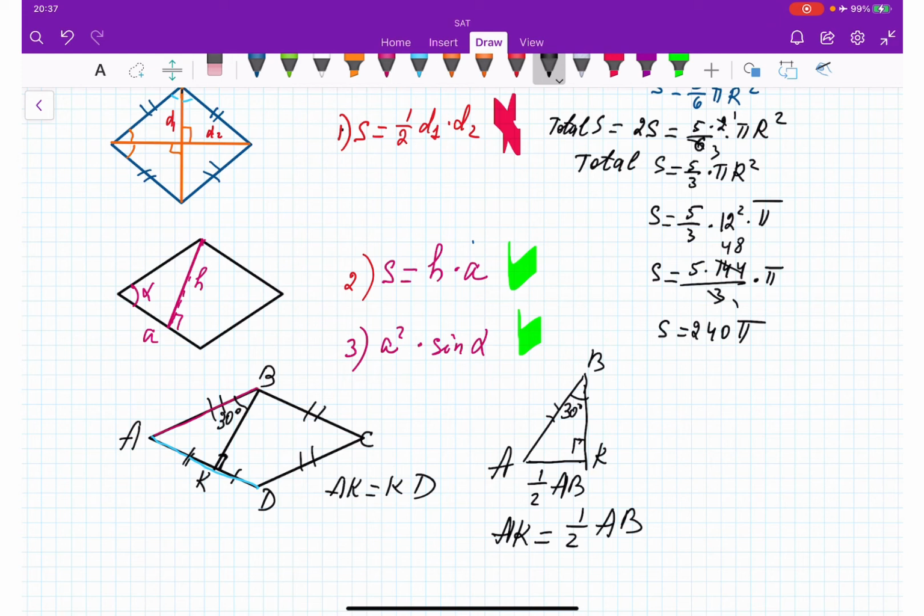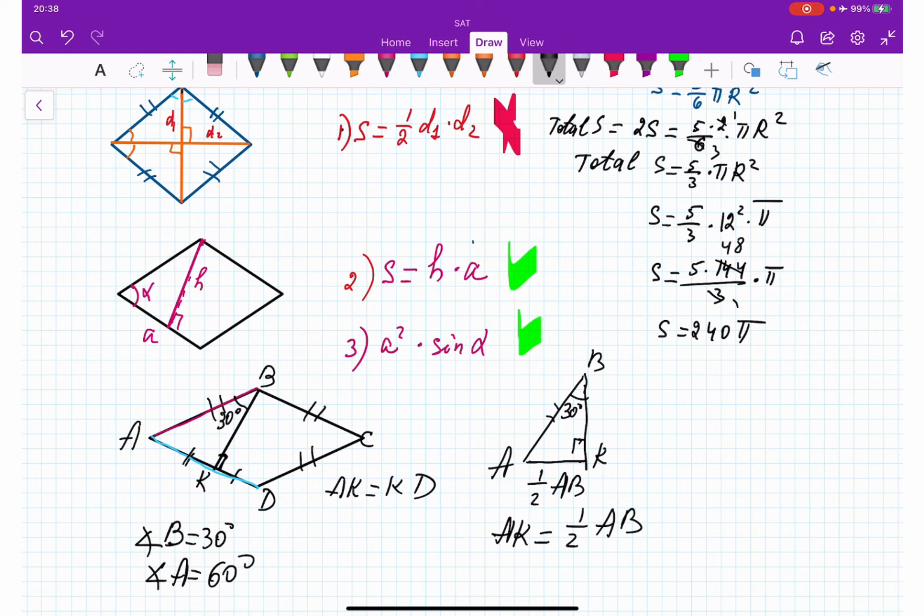It has to be 30 degrees because that is the theorem, that is the rule. So if the leg is equal to half of the hypotenuse, then the angle opposite to that leg is 30 degrees. So if this angle B is 30 degrees, then angle A is 60 degrees, right?